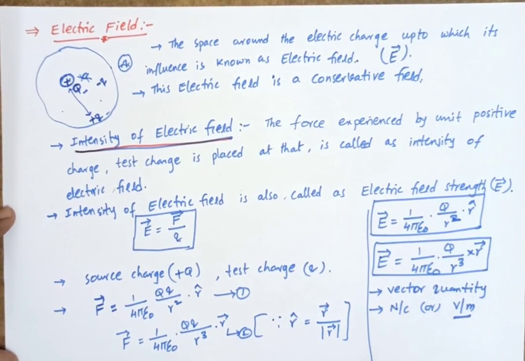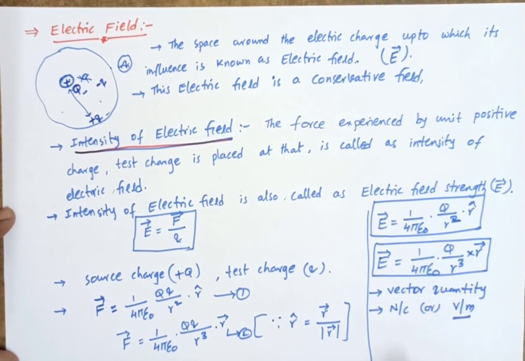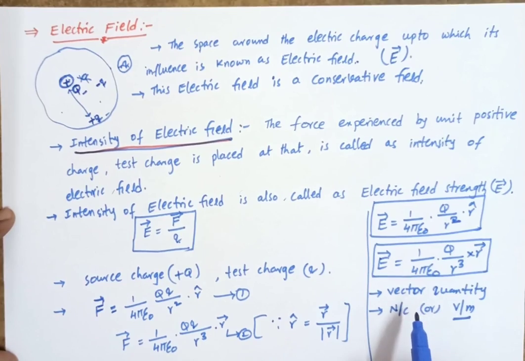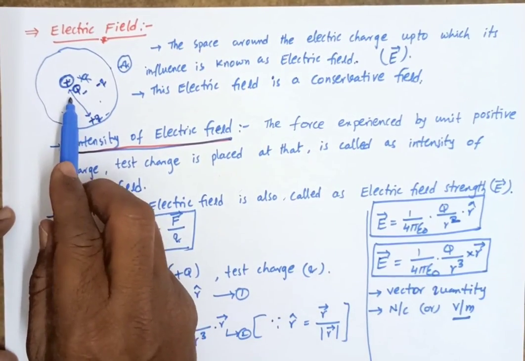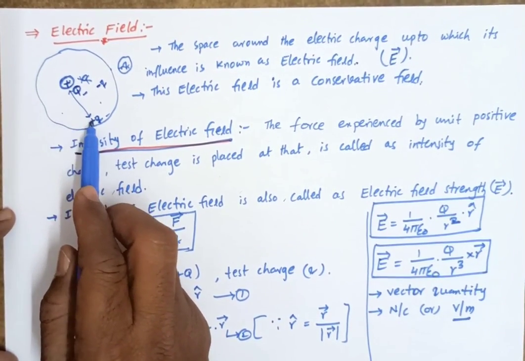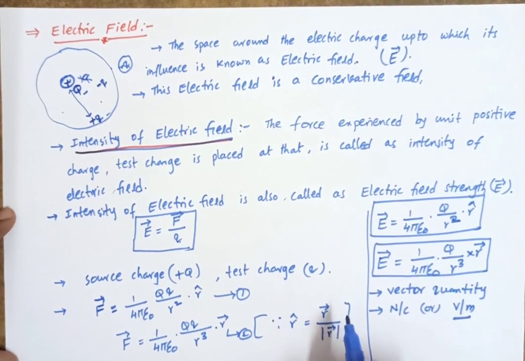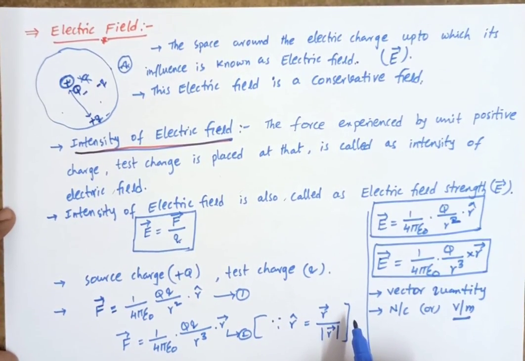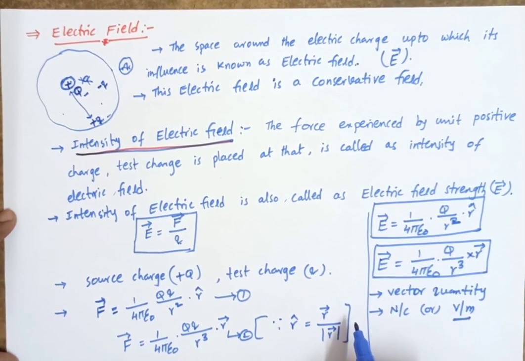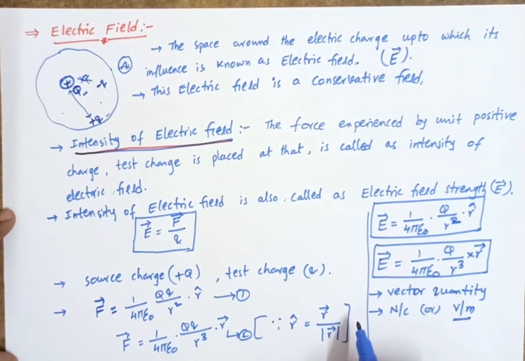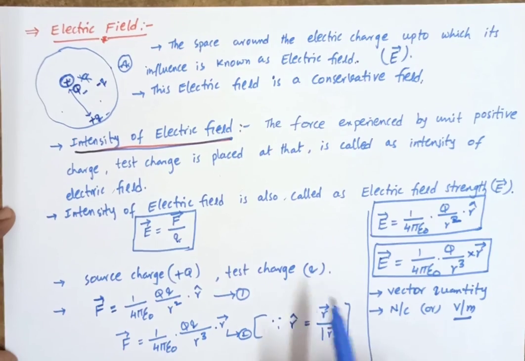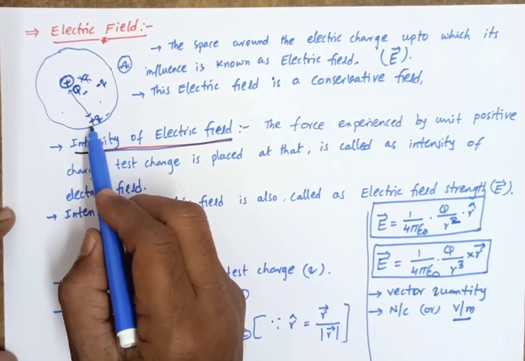Now, the direction of the electric field strength is the direction along which a free positive charge experiences the force in the electric field, for the test charge.